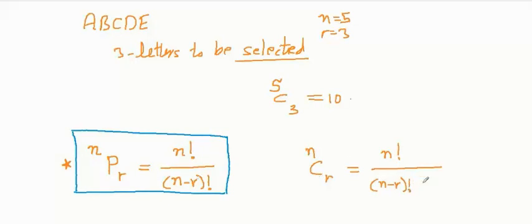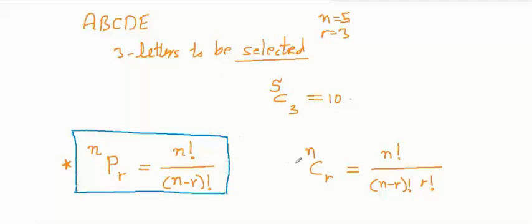We only have one more thing in the denominator, which is r factorial. You will also use this in pure maths, in a topic called binomial expansion, and it will also be used in more parts of statistics later.